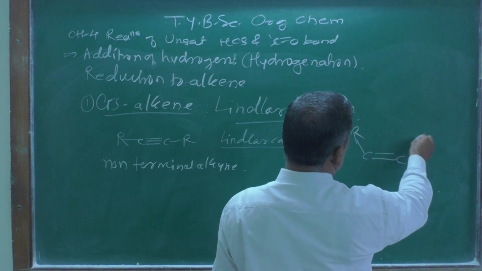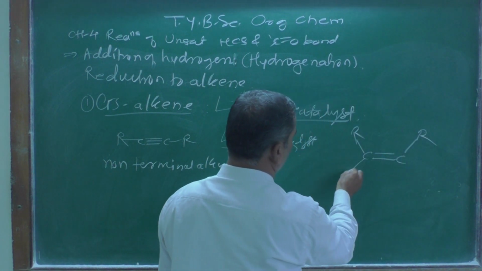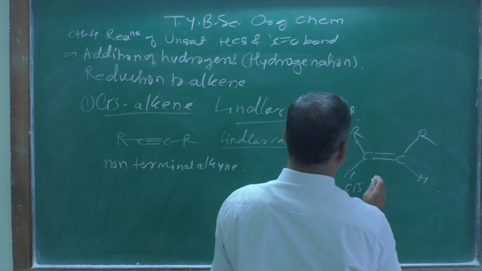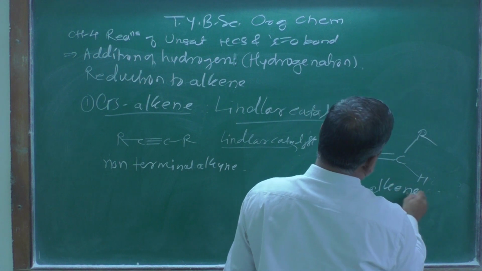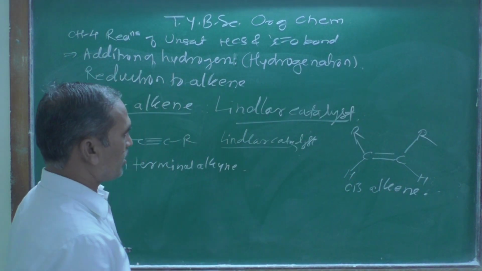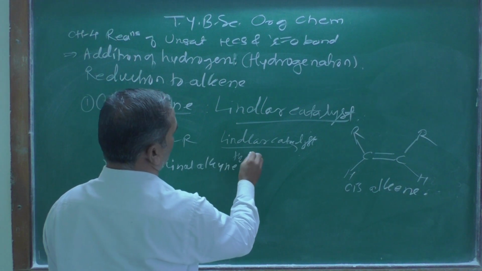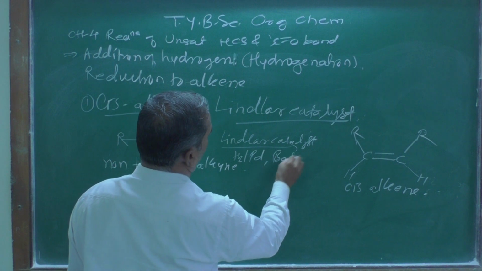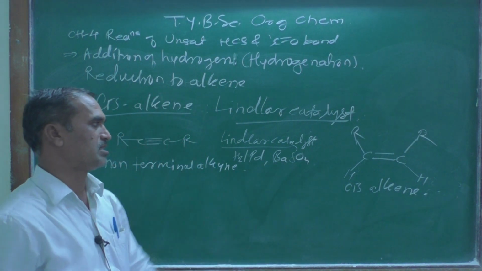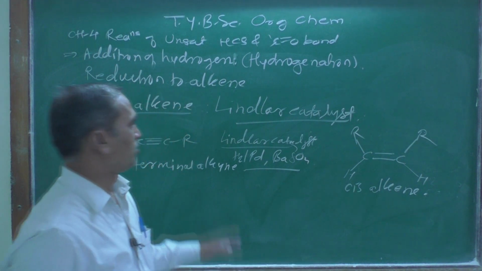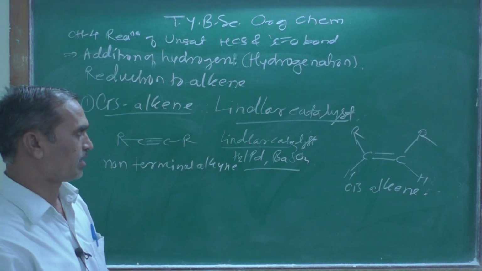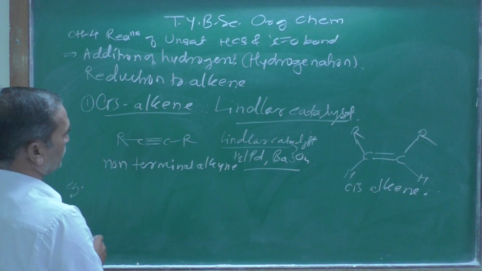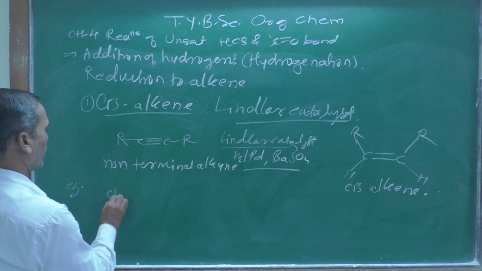Both R groups are on the same side of the carbon-carbon double bond, and therefore it is known as a cis alkene. This is the general reaction I am considering here. Lindlar catalyst is specifically H2 in presence of palladium and barium sulfate or barium carbonate. This is the reagent used to get the cis alkene. Now, for example, if you take R equal to methyl group, right?